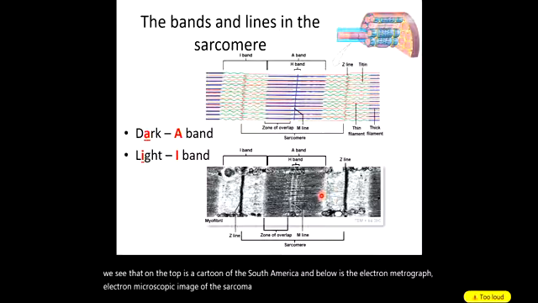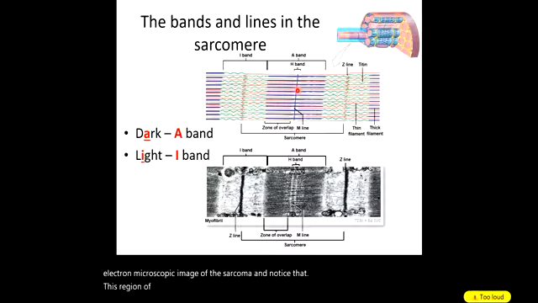Notice that this region of overlap, the dark region, is called the A band, whereas you have this region where you have only thin filaments, with no thick filaments. That's called the I band. So the A band is the dark band where you have thick and thin filaments overlapping. The I band is where you have only thin filaments.